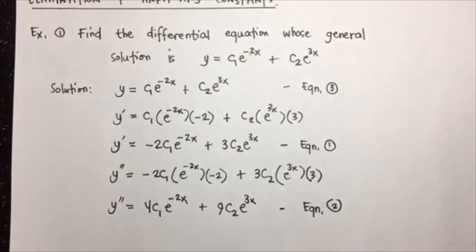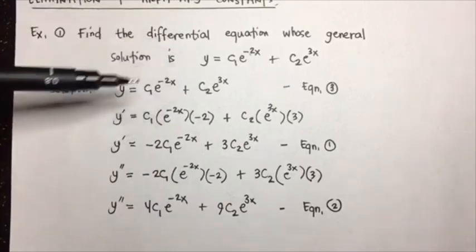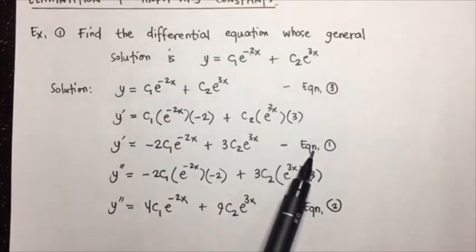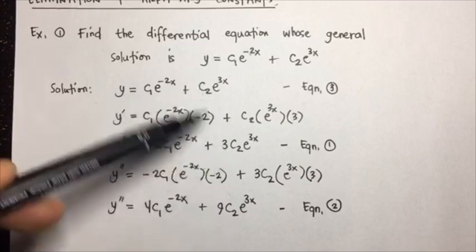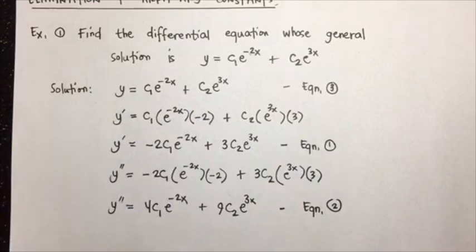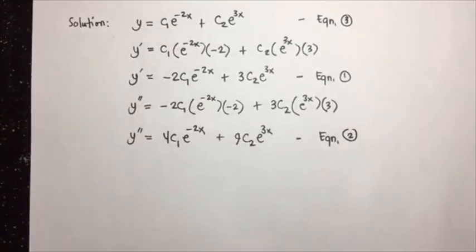First, we will be using equations 3 and 1 to eliminate C1 or C2. It depends. This will work like elimination. If you recall the elimination method in solving simultaneous linear equations, that would be analogous to this solution.